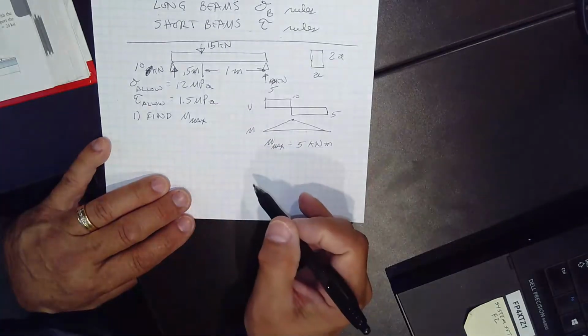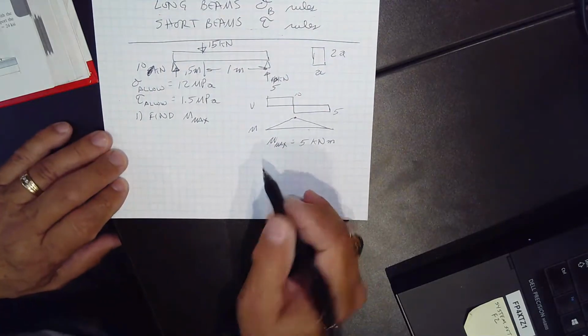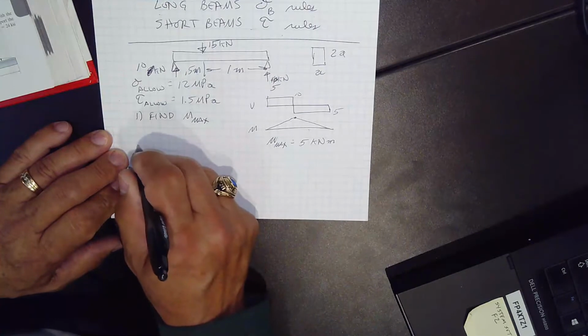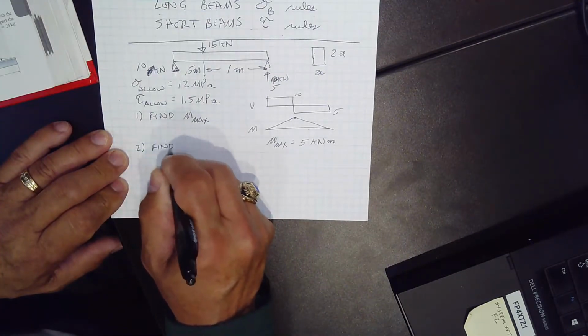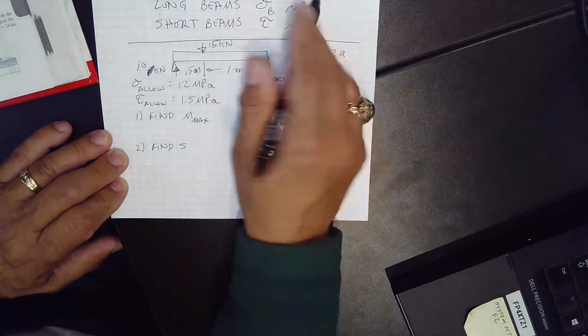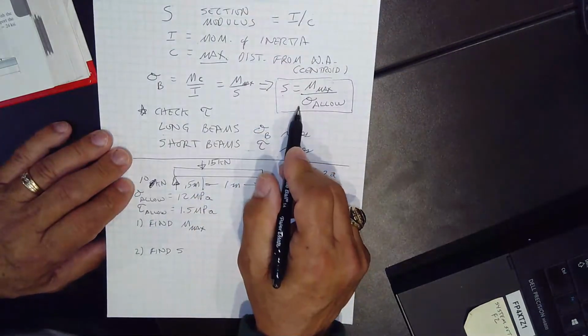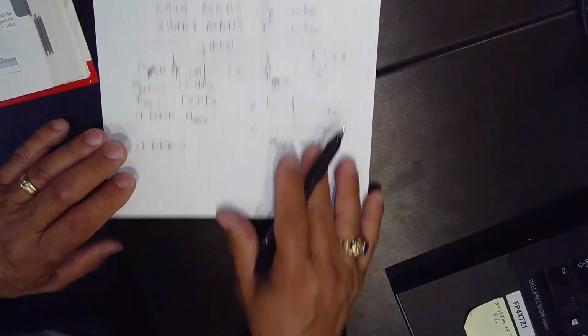Okay. Now, what's the next step? So we got the moment. Now we got to find S. Well, we said that S is equal to M max over sigma allowable.